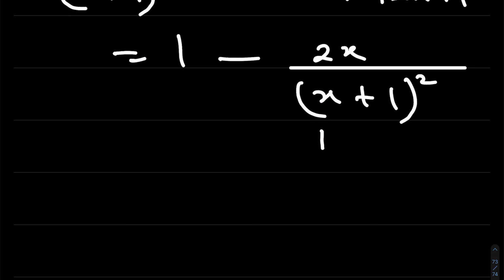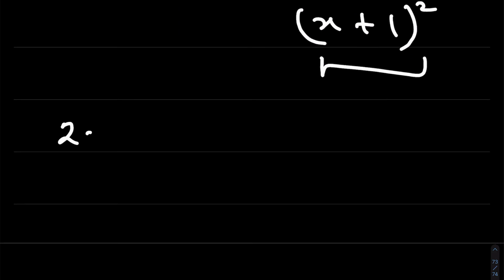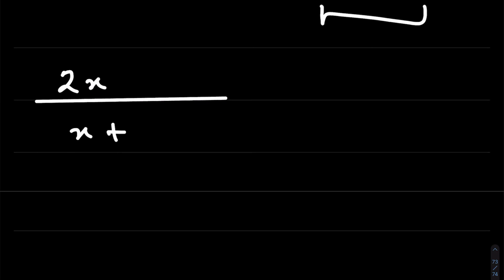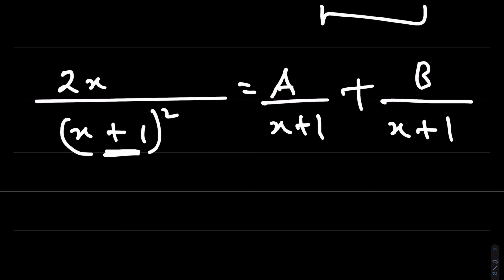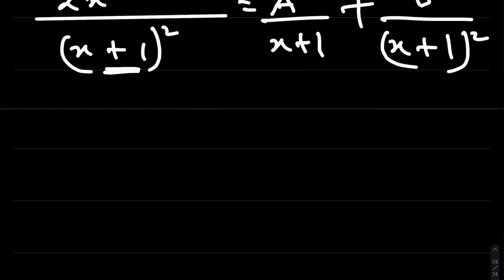Now this is what we are going to resolve into partial fractions. So 2x over x plus 1 all squared is equal to, x plus 1 is a linear factor, but it has a power that's greater than 1. That power is 2, so it will have two partial fractions. The first one will be a over x plus 1, and the second will be b over the square of x plus 1.